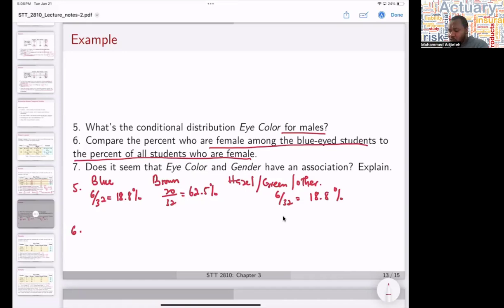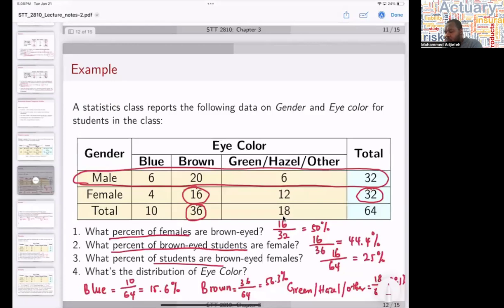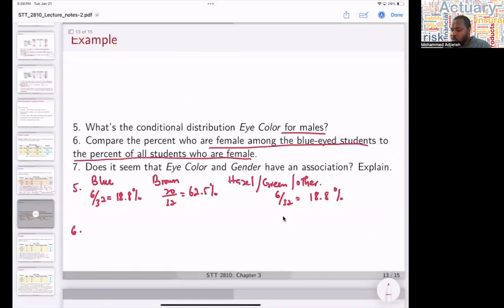Let's look at that. How many blue-eyed students do we have? We have 10. How many of them are female? 4. So we have 4 over 10, which is 40% of blue-eyed students who are female.